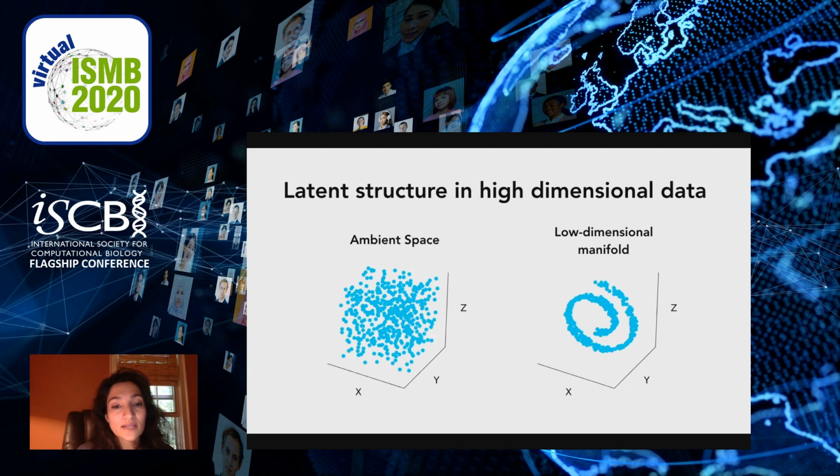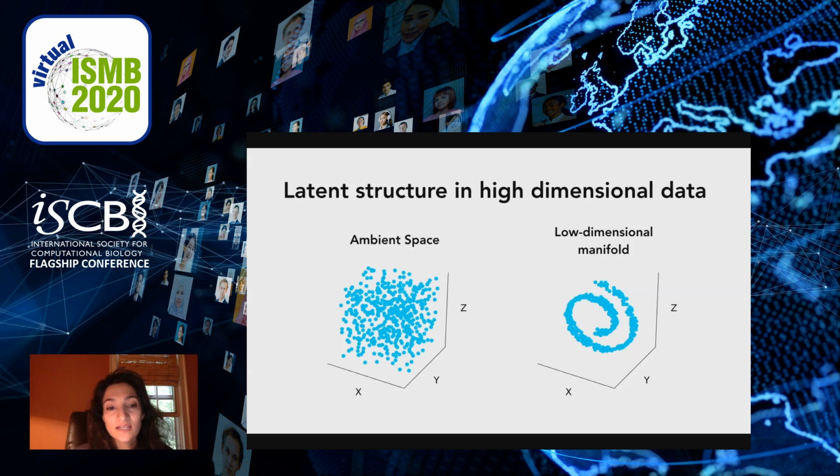The manifold assumption is the idea that even though the data is measured in a high dimensional ambient space, the intrinsic structure is lower dimensional and lies in a smoothly varying sort of sheet that's coiled into higher dimensions, and there can be many such sheets or patches.